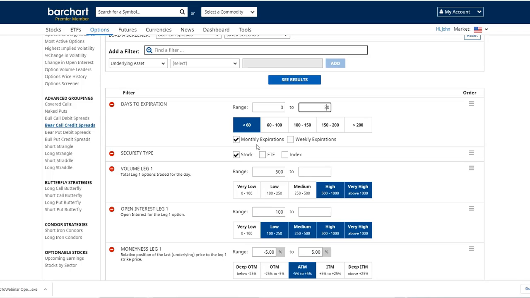Notice I do have monthlies checked here. That is our default. We have had discussions before about the difference between monthlies and weeklies, and I know a lot of credit spread traders do trade weeklies because of these shorter time frames, and I'm not saying that you shouldn't. I'm just saying that it's a different philosophy of a trader, and the reason why we tend to look at monthly expiration options contracts is because of greater liquidity, right?